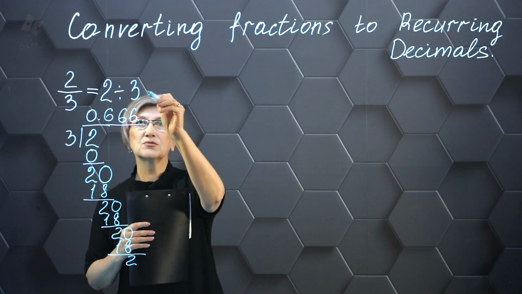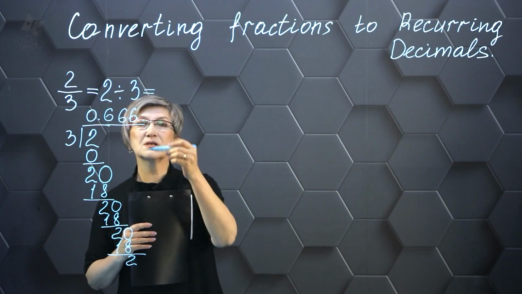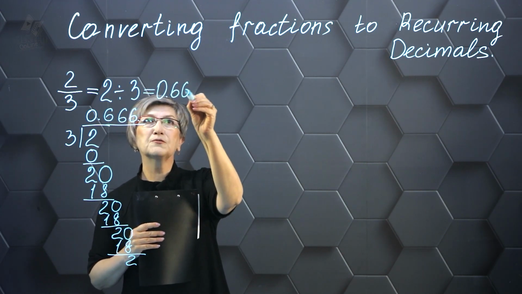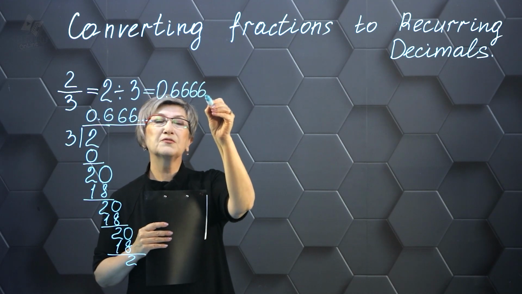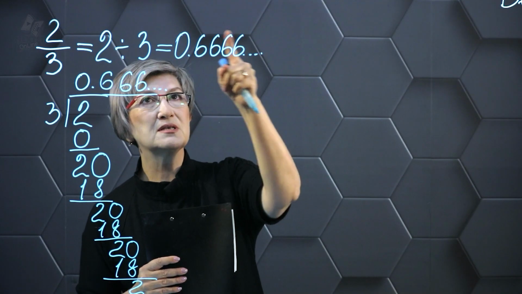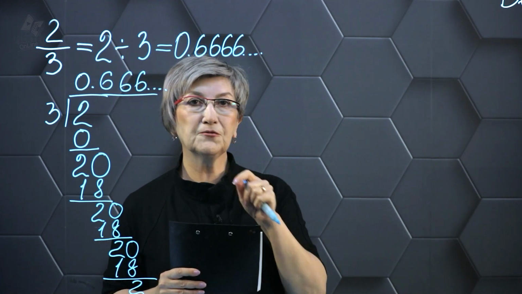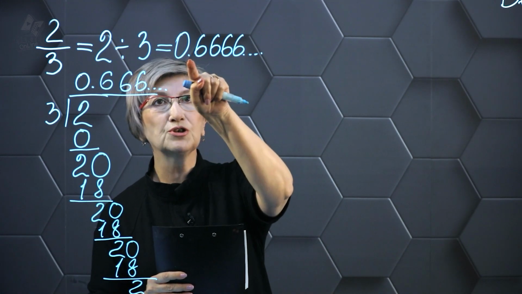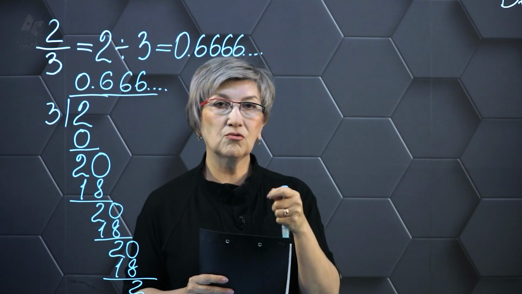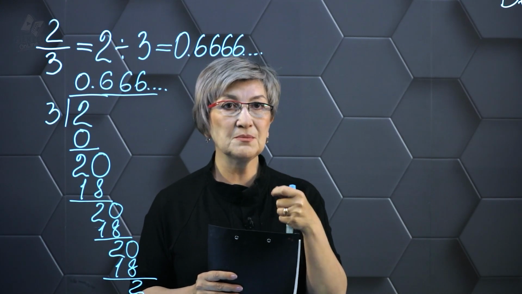So the result of the division is the following number. 0 integers. And the number 6, which will be repeated an infinite number of times. So in math, if the digit after the decimal point is repeated an infinite number of times, then we call such a fraction an infinite periodic fraction.